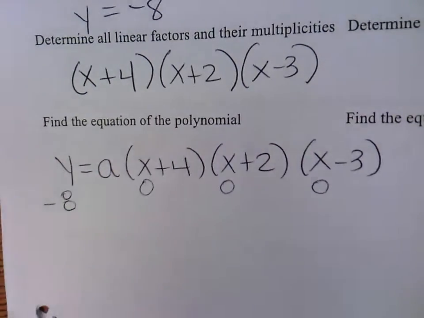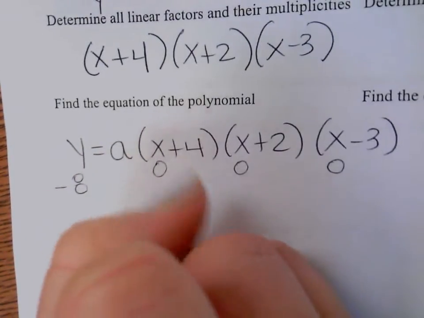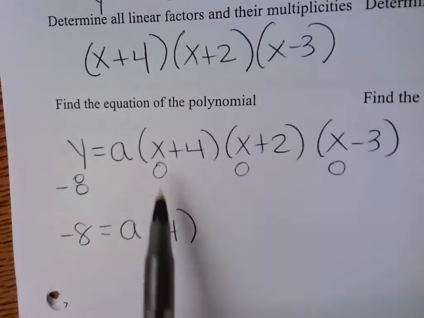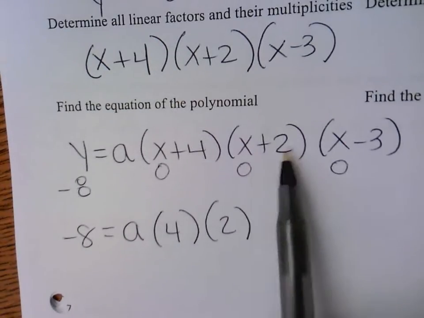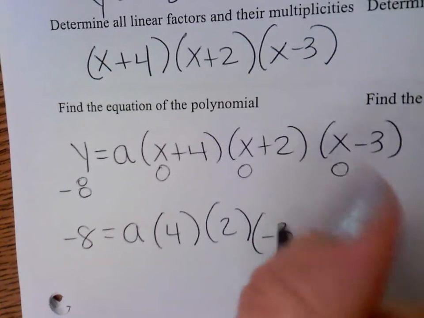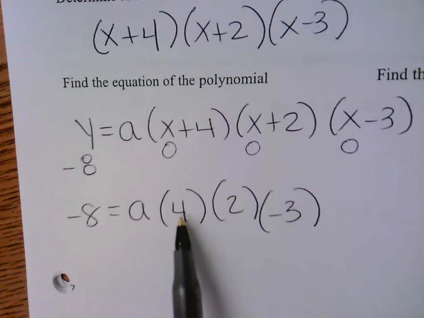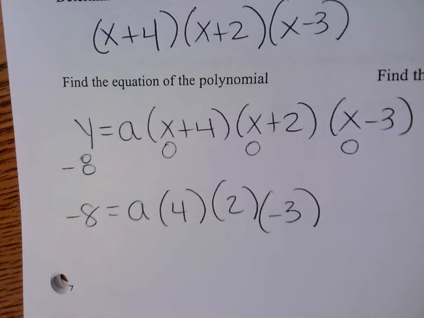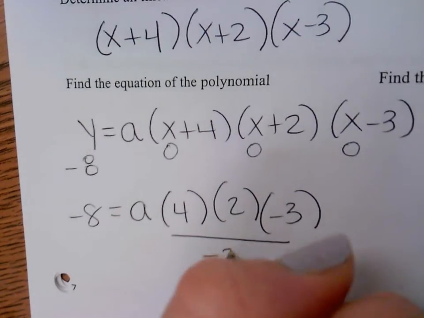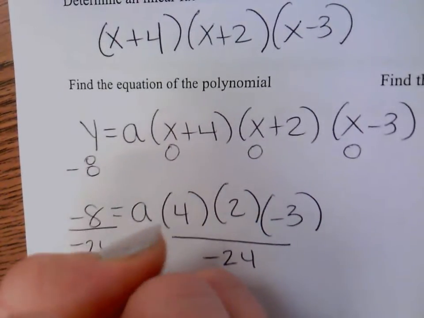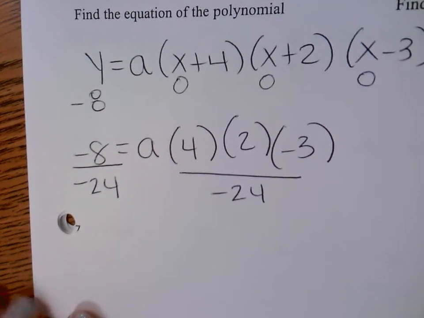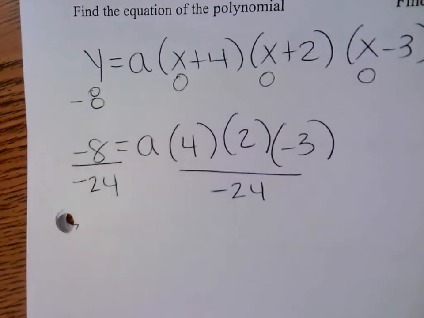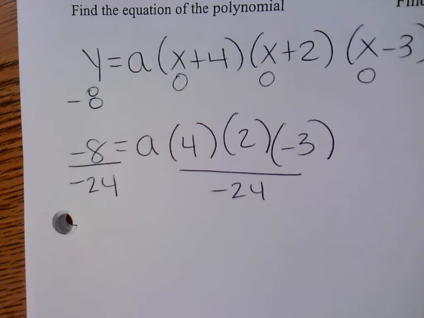So I have -8 equals A times 4, because 0 plus 4 is 4, times 2, because 0 plus 2 is 2, times -3. What is 4 times 2 times -3? -24. So I can divide both sides of the equation by -24 to get A by itself. Does anyone know what -8 over -24 reduces to as a fraction?